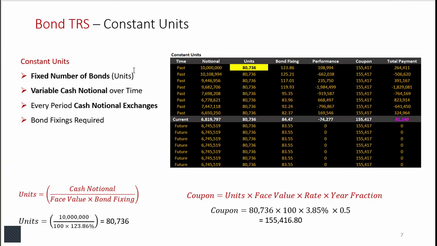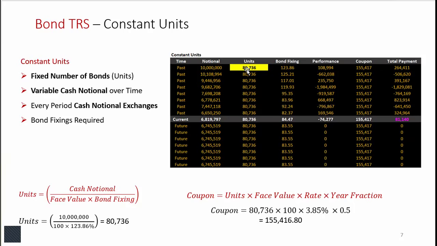In the constant unit case, we fix the number of bonds, and that means the notional varies over time. As the bond price changes, our notional changes, and we calculate the cash notional from the units with the formula at the bottom.